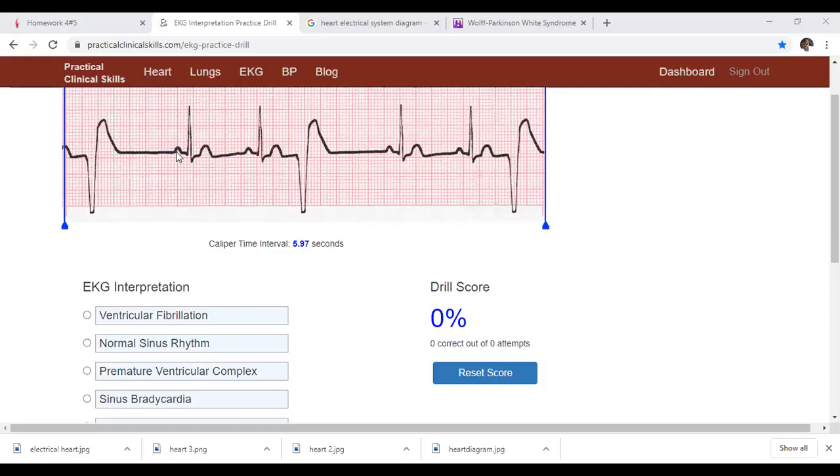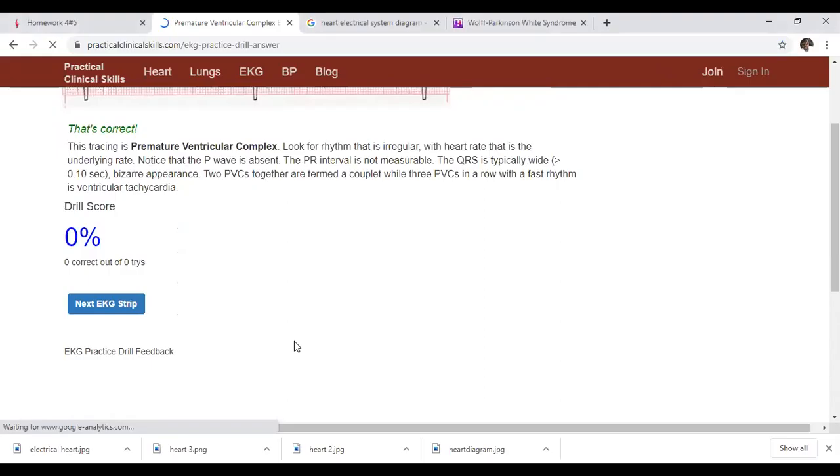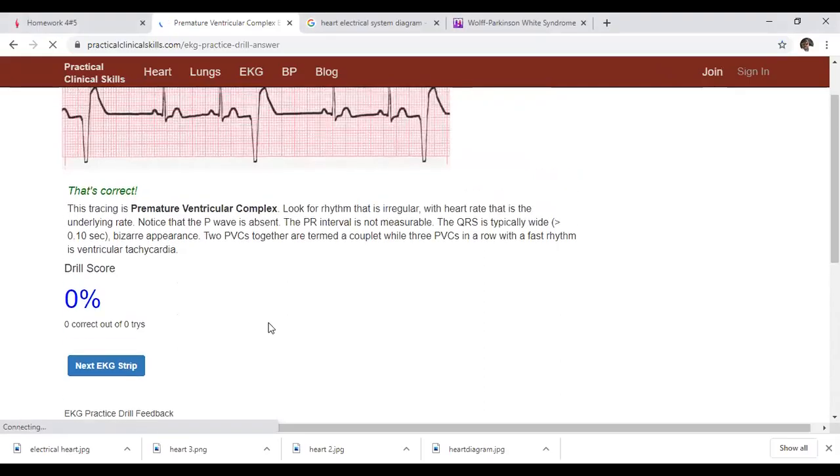When you have a PQRST, PQRST, and then you have a QRS out of nowhere, it came before a P wave. It's just out of place. That is a premature ventricular complex, or a PVC. Premature ventricular contraction. That's a PVC. That's correct.